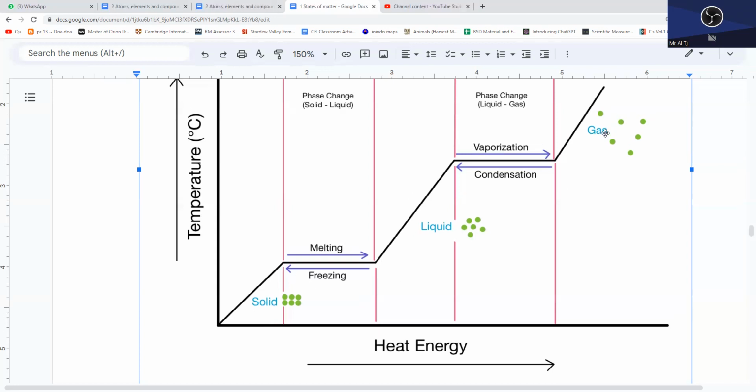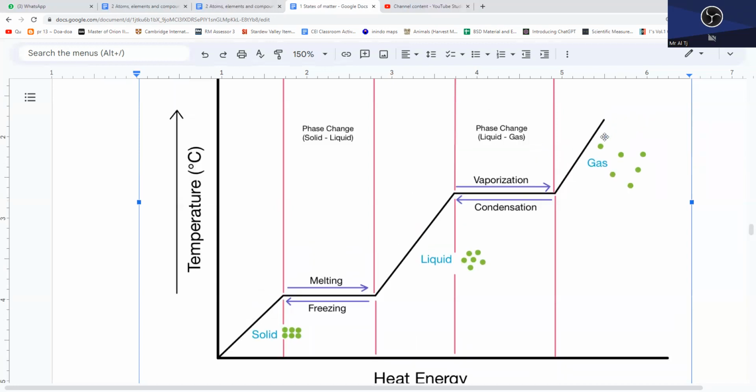This is what we call a heating curve. Heating curves tell us what happens to the temperature when we give heat to a substance. The key point is that we will have two horizontal lines when there is a change of state.